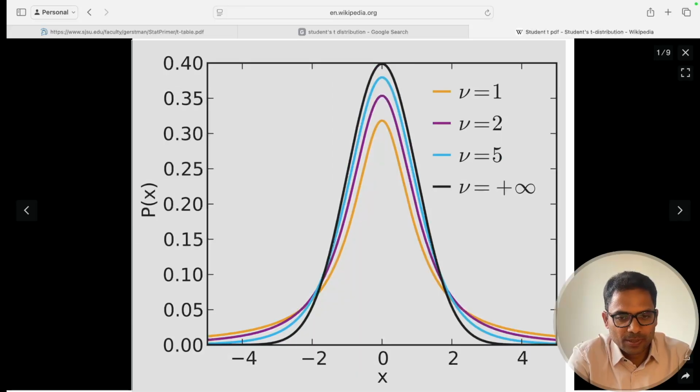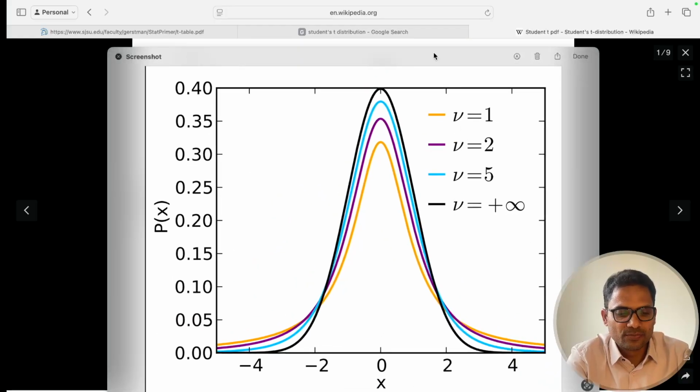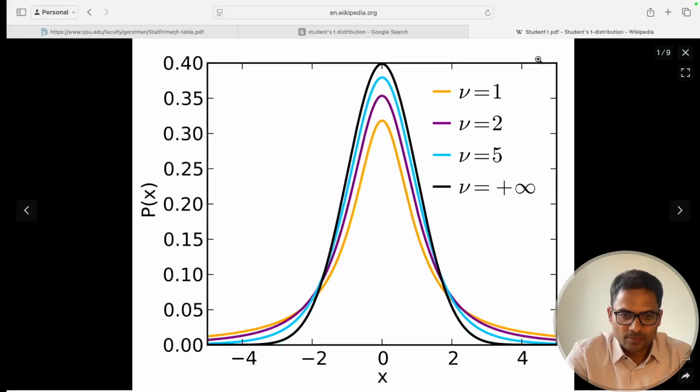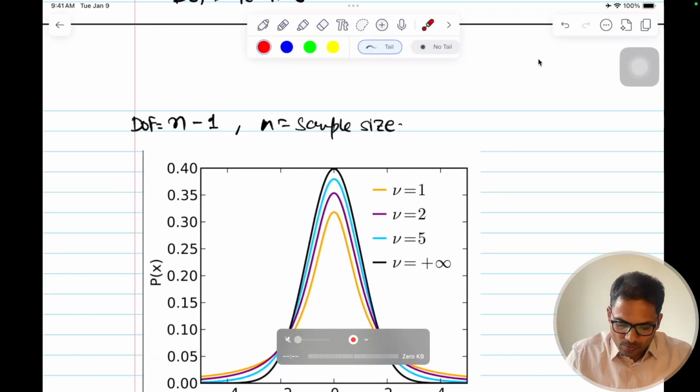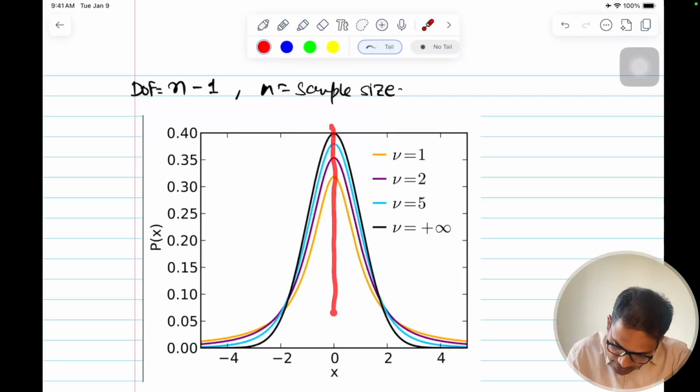This variable, V, is your degrees of freedom. This is the symbol. Let me paste it and come back. So if you see, this is similar to your bell curve, symmetric around 0.